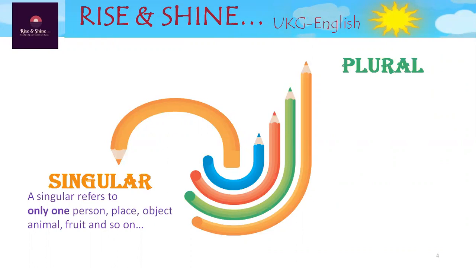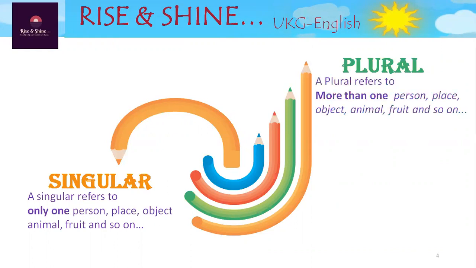And about plural, a plural refers to more than one person, place, object, animal, fruit, and so on. So any name which is more than 1 in number is called plural.